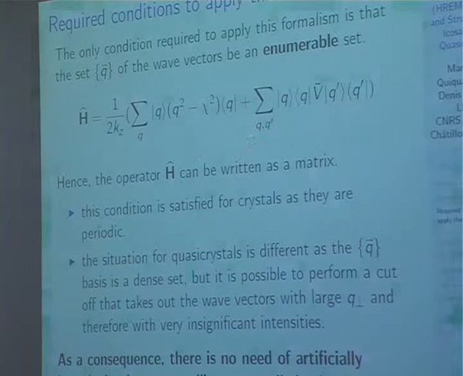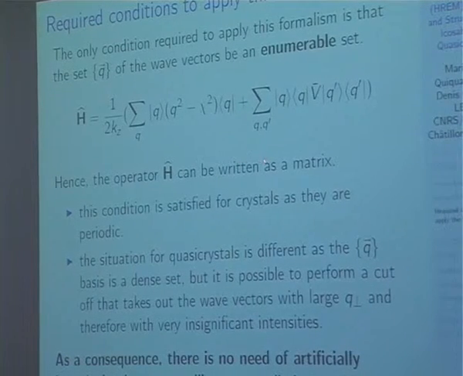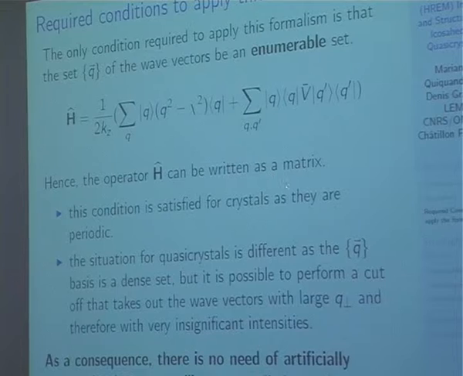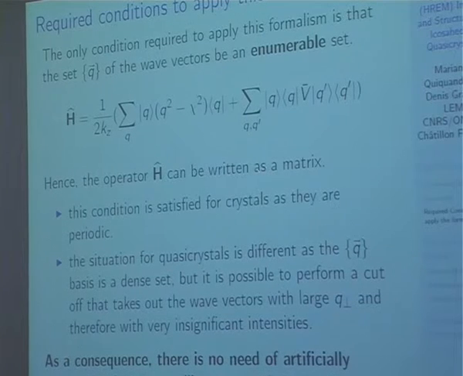So, the only condition required to apply this formalism is that the set Q of the wave vector is an enumerable set. This is the Hamiltonian diffraction. The Hamiltonian diffraction can be written as a matrix, and therefore there is a limited number of rows and columns, so we have to do a cutoff of the Q basis. This condition is satisfied for crystals as they are periodic.